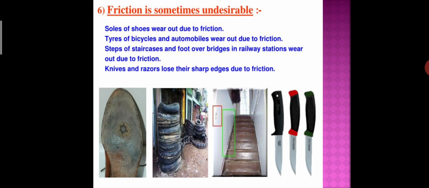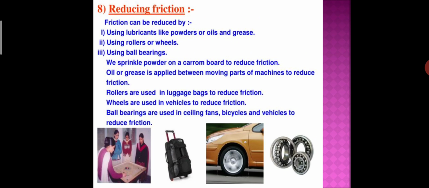Knives and razors lose their sharp edges due to friction. Also, friction causes wastage of energy, wears out the rubbing surfaces, and generates heat. So by these points we can understand that it is sometimes undesirable for us.